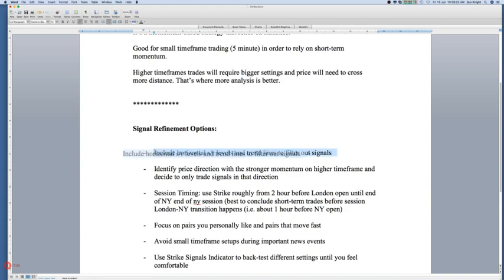So that was our first tip. Then the next tip is identify price direction with the stronger momentum on a higher time frame and decide to only trade signals in that direction. So that's another sort of filter you can add.